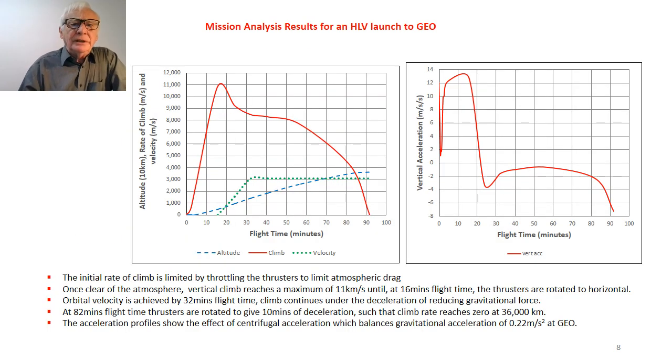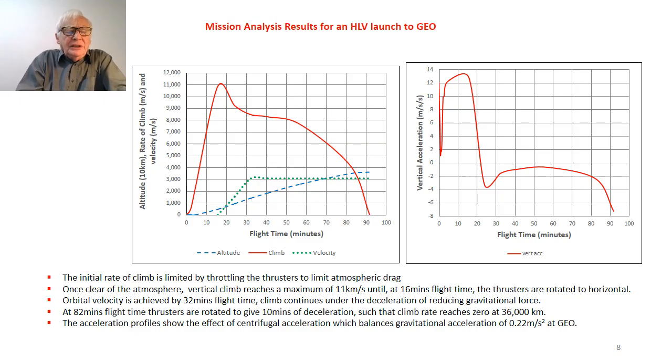Here we look at the mission analysis results for a heavy launch vehicle launch to geostationary orbit. On the left, we can see a plot of altitude, rate of climb, and velocity against flight time, which is a total of 92 minutes. So this is a long, slow climb to orbit.